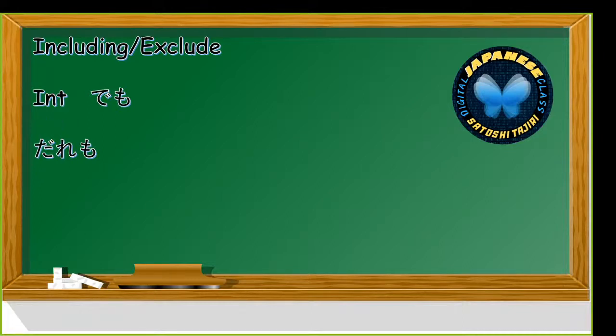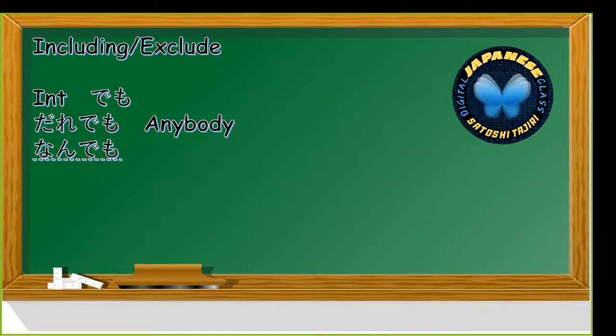But if we change dare mo to dare demo, it becomes anybody. For nan, nan demo. We don't say nani demo, but nan demo because it's in the D line. Nan demo means anything. Nan demo ii desu, anything will do.